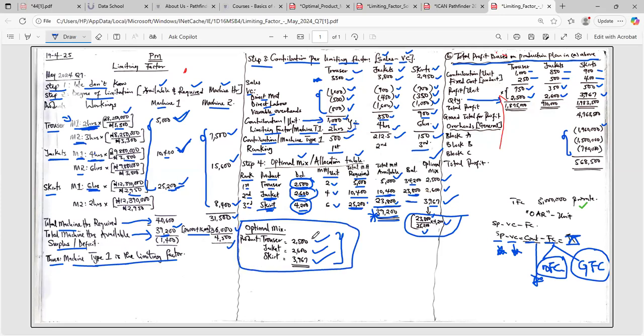So the trouser, the first one, is 25. The jacket is 26. You see it here as 26. The skirt is 3,967. You see it here as 3,967. When you multiply your profit per unit by your total quantity, that gives us your total profits: 1,875,000, 910,000, 1,983,500.